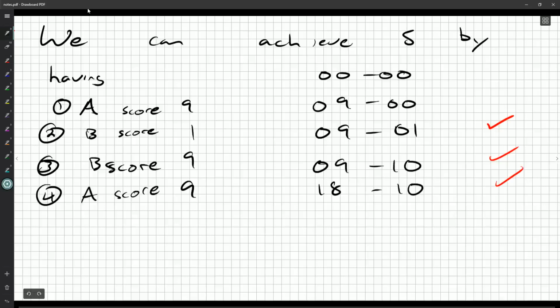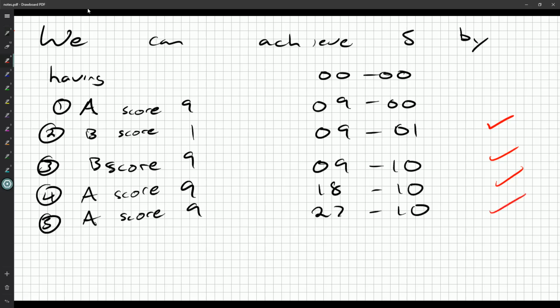We could have A score 9 more. So that would be 27, 10. And then B needs to score, but that's not going to add up to 10. And that's only 4. So what if I did something a little lower?